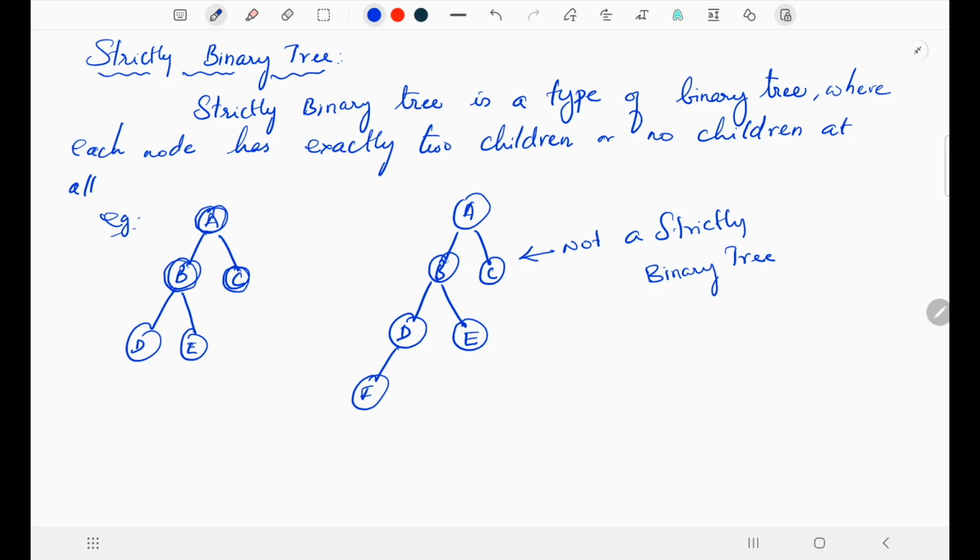So here this is A, I can shade it. A, B and D are the intermediate nodes, so they must have two children.